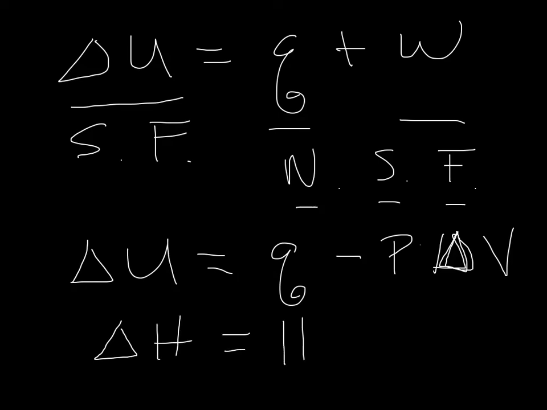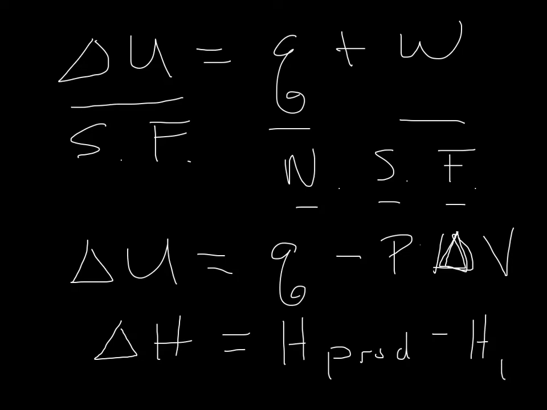It's equal to H of the products minus H of the reactants. Now again, we haven't defined very well what an enthalpy is, and again, we're not really going to.